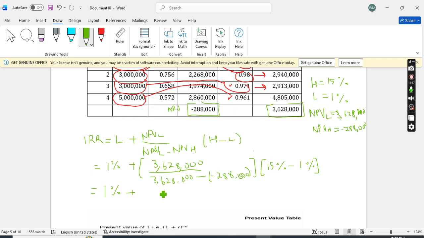Remember, you'll be writing this tomorrow, so you have to check the answers. If you don't check the answers, how would you know what you've got is correct or wrong? The denominator part is giving 3,916,000. Okay, 3,916,000.